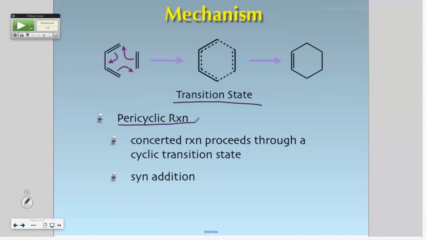Okay, now I keep saying this syn addition. Remember what syn stood for in addition? Same side. Syn is same side. That's going to matter. Okay, that we're adding from the same side. Okay, let's look at some.